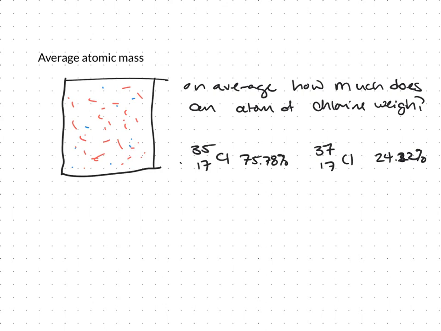Just like with the penny activity that we did in class, we need to take into account how much of each isotope is present so that I can figure out, on average, how much an atom of chlorine weighs. The way that we're going to do this is to take a weighted average.